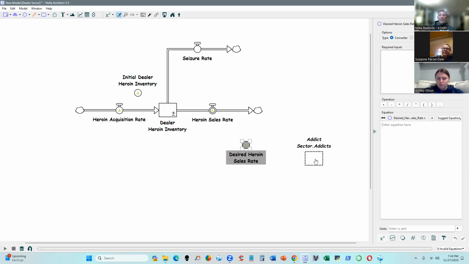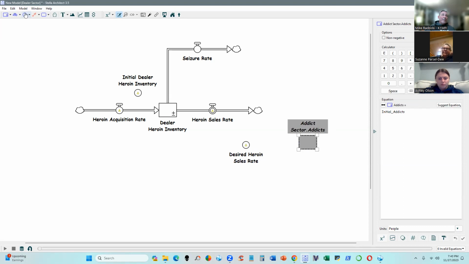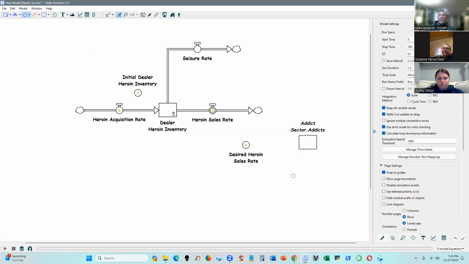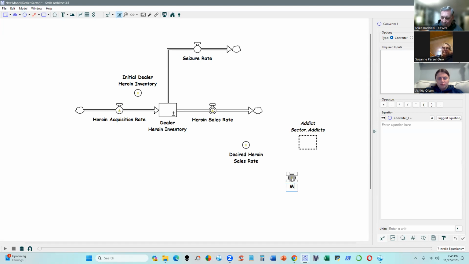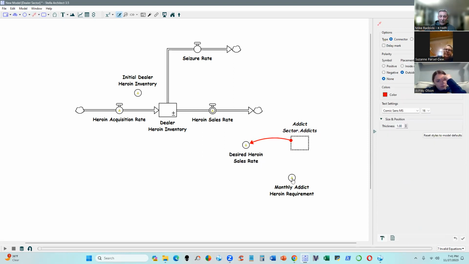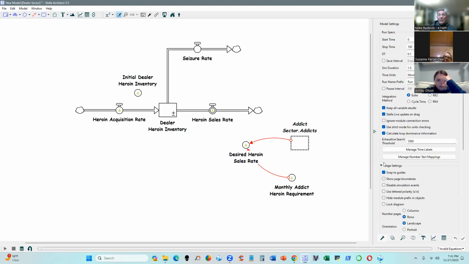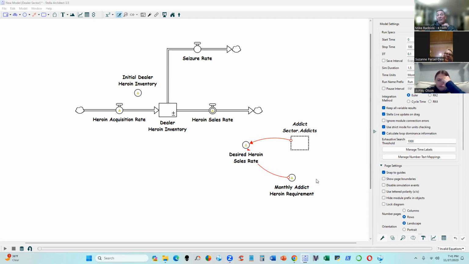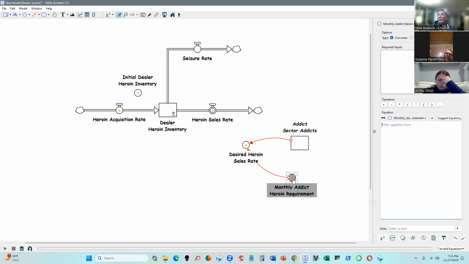And what is the desired sales rate? That's what the addict craves. They want to get their fix when they want it. So it would be the number of addicts times the bags per addict per month, right?